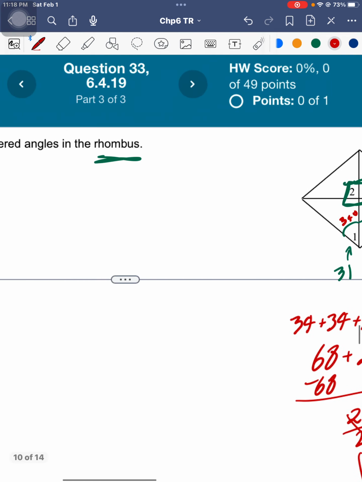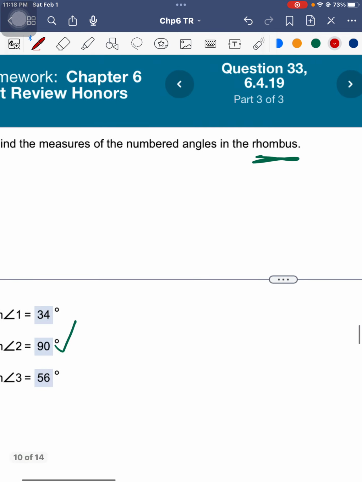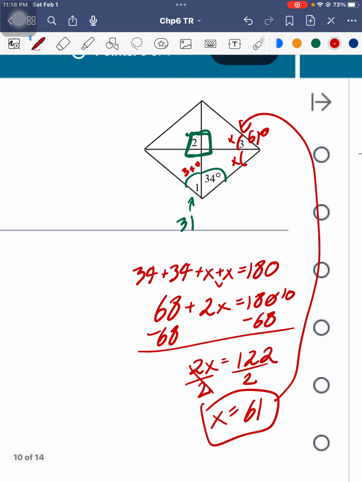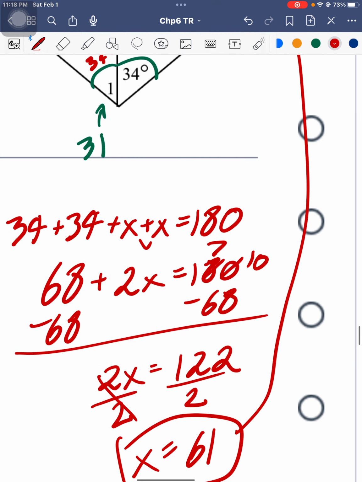Okay, well, I got the measure of angle 1 correct. So that's good. What happened here? Did I add something? Oh, I didn't do this. You guys are probably screaming, mister, you didn't take this out. Oh my god.